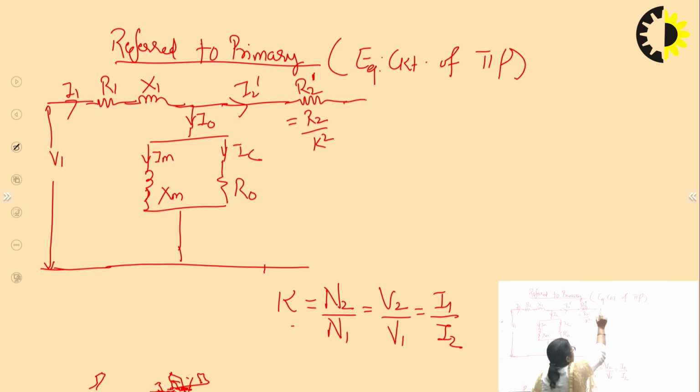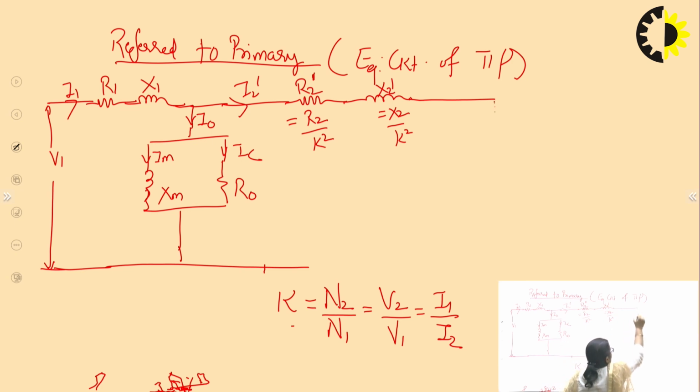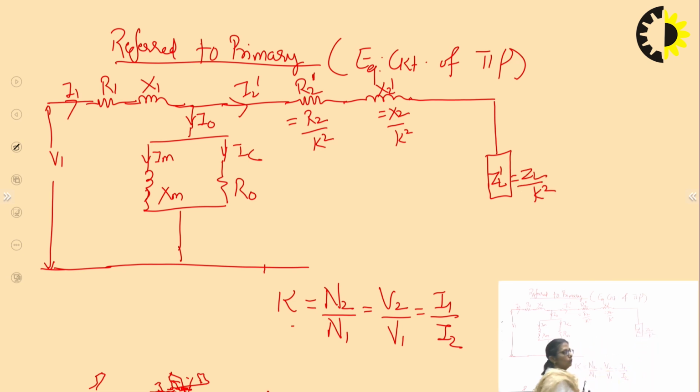Similarly, the reactance also changes: X2 dash is given by X2 by K square. Then the load ZL will be changed to ZL by K square. As you can see, the components of the load, the resistance and the reactance, when referred to the primary side, have their values divided by K square.